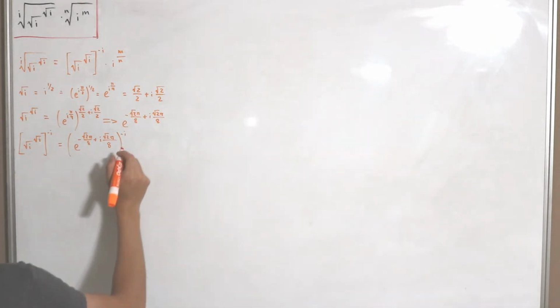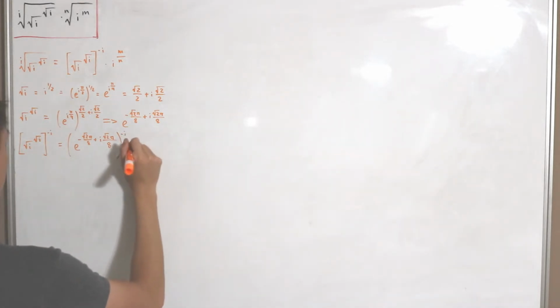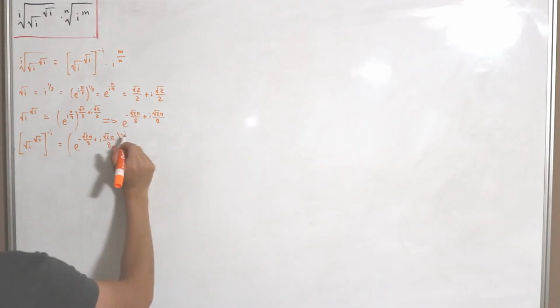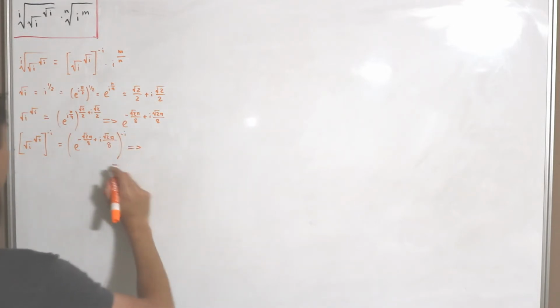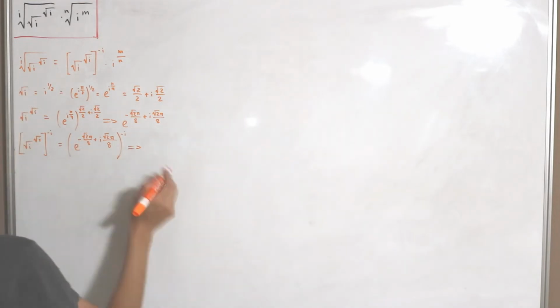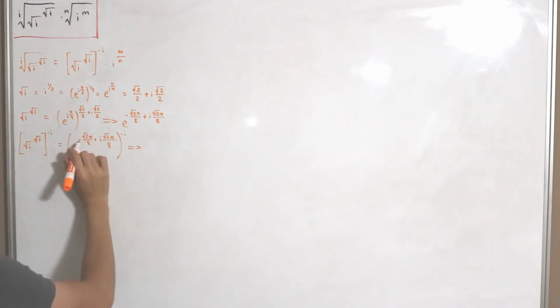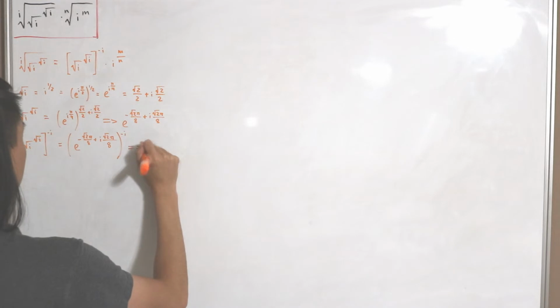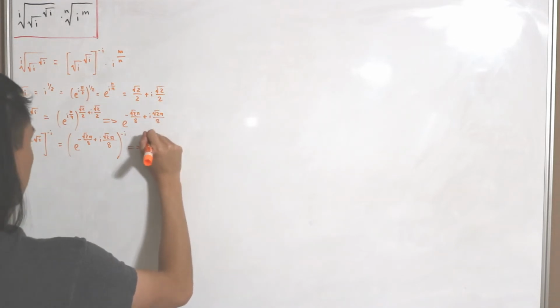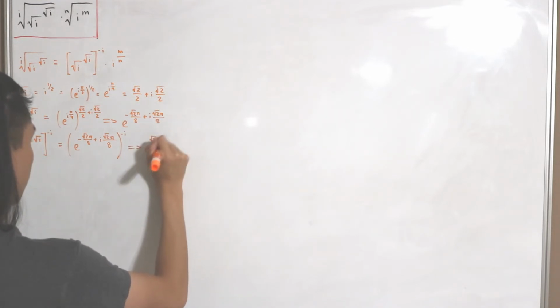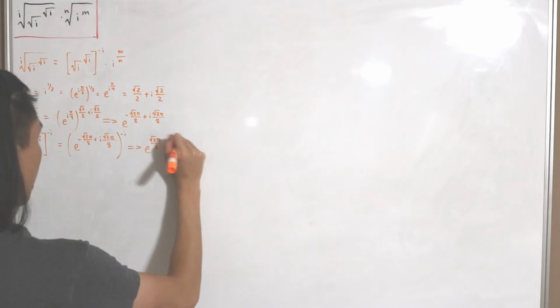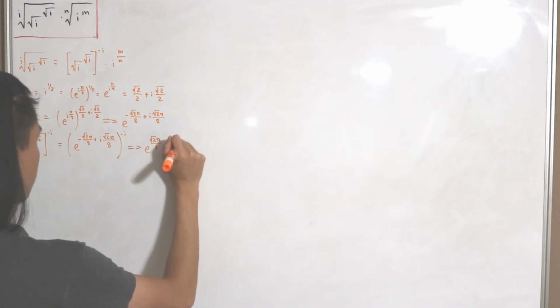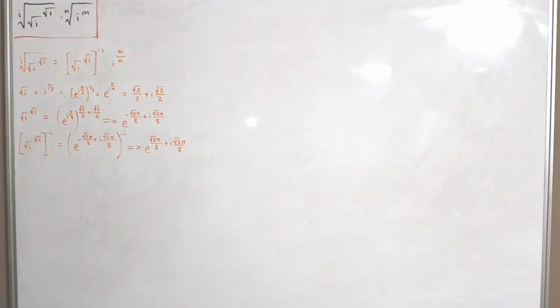Continuing forward, e to the power i times negative i is negative i squared, so that's 1, and this will be a plus, so we have e to the power square root of 2 times pi divided by 8, plus i times square root of 2 times pi divided by 8.